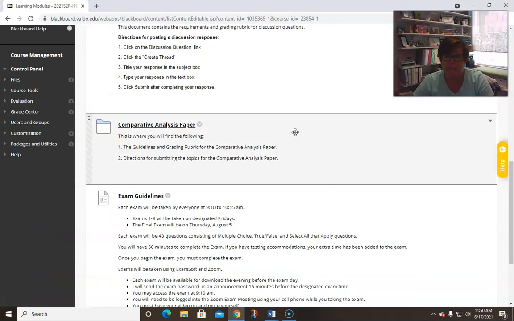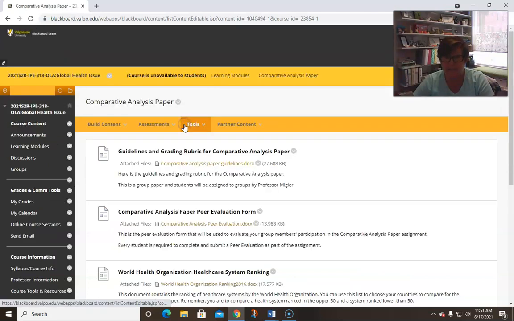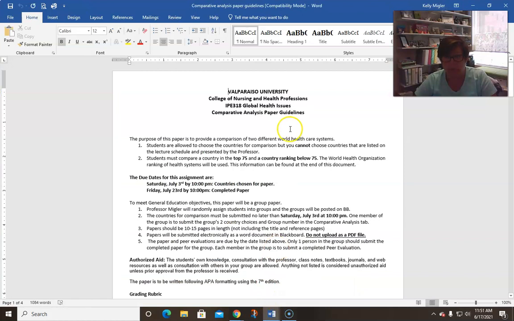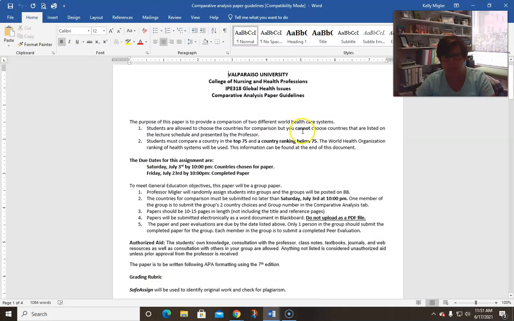The other main assignment for this course is a group paper. It is called the comparative analysis paper, where you are going to research 2 healthcare systems in 2 different countries, and you are going to compare them. So let me bring up the guidelines for that. Okay.